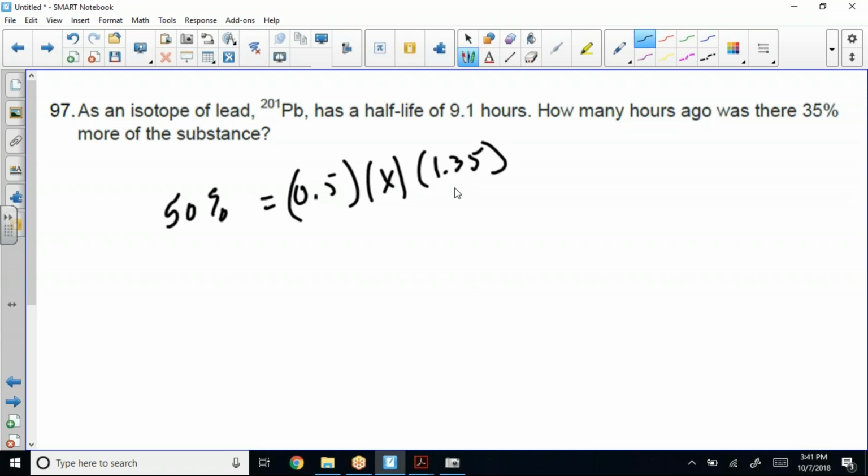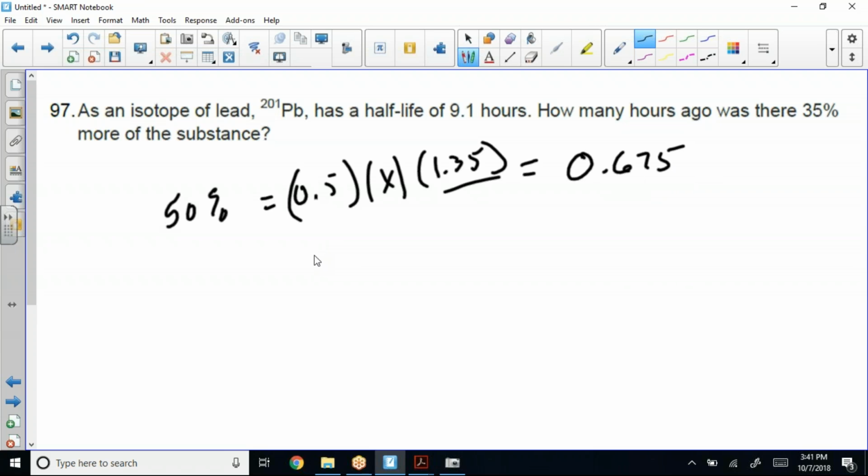Does everybody understand where I got the 1.35? One is 100% of the half, and then 35% growth more of the half. So that should give me 0.675. So we want to know, when was it 0.675?